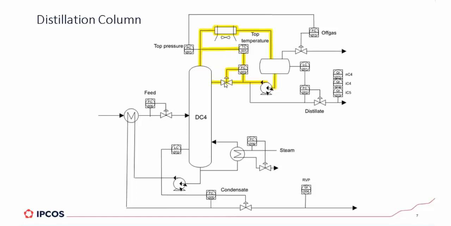If you increase the reflux flow, it's going to lower the temperature in the top of your distillation column, so you can use the set point of the flow controller as the handle that a temperature controller is going to use, and that's the cascade construction that we are using. So TC001, that's the temperature controller for the top. Its output is the set point for the flow controller FC003, and that flow controller is manipulating the valve in the reflux stream.